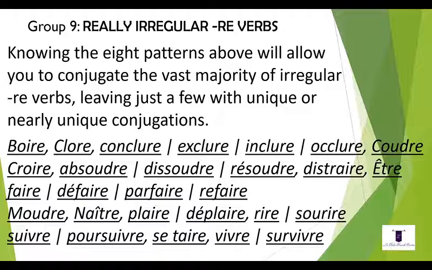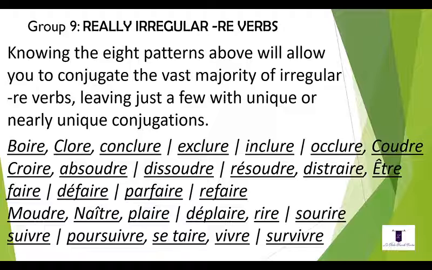So for these verbs, for example, you have to learn them. You don't have a unique pattern that you are going to use. By looking at them, some of them resemble each other. Verbs like conclure, exclure, inclure, occlure. Verbs like absoudre, dissoudre, résoudre.